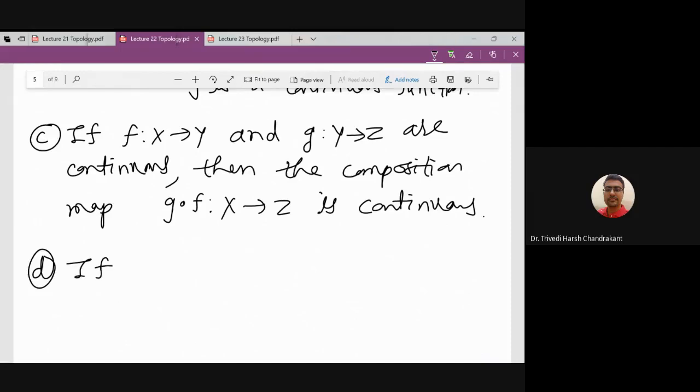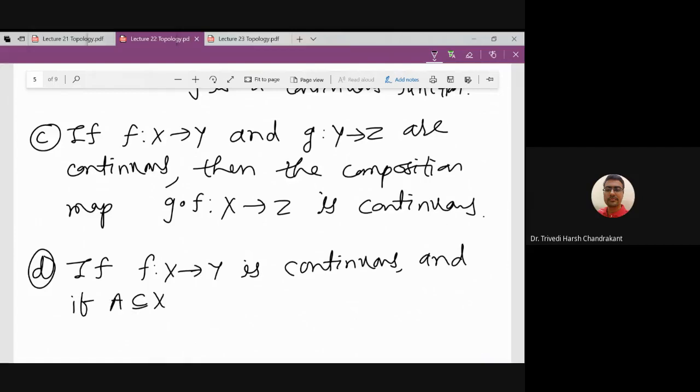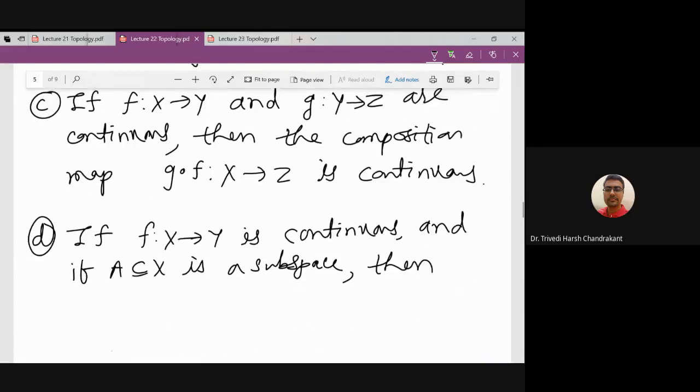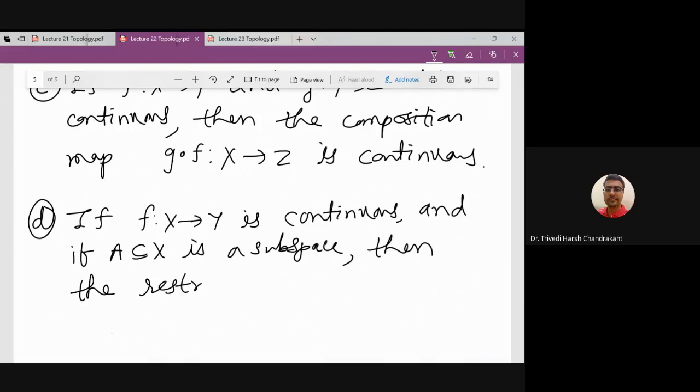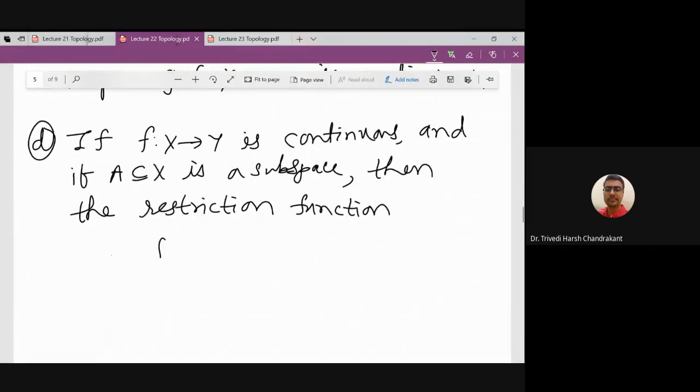Next result which we will prove: I will write down all the statements first, then I will prove them one by one. If f from X to Y is continuous, and if I have a subset A of X which is a subspace of X, then the restriction function f restricted to A, which is a function from A to Y, is continuous.